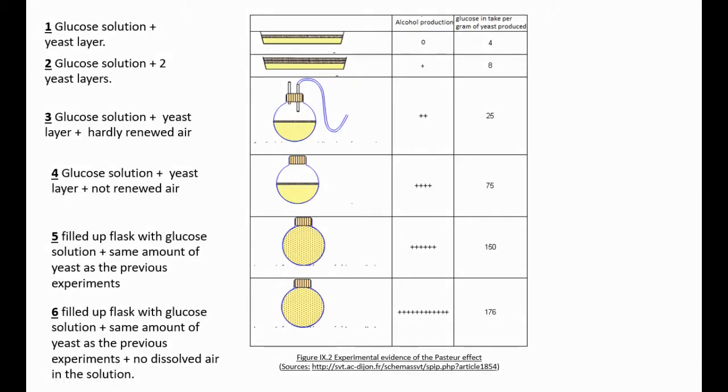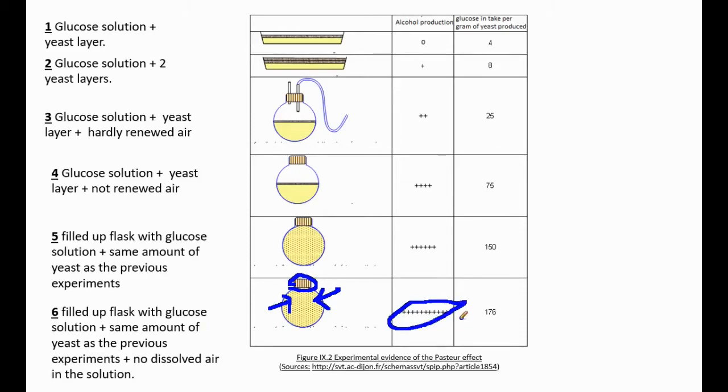Therefore, in this last experiment, we still have a glucose solution which fills up the flask, but this glucose solution has no air in it. The amount of yeasts mixed up is the same, and obviously it's still closed, and we can see that the alcohol production is even greater.